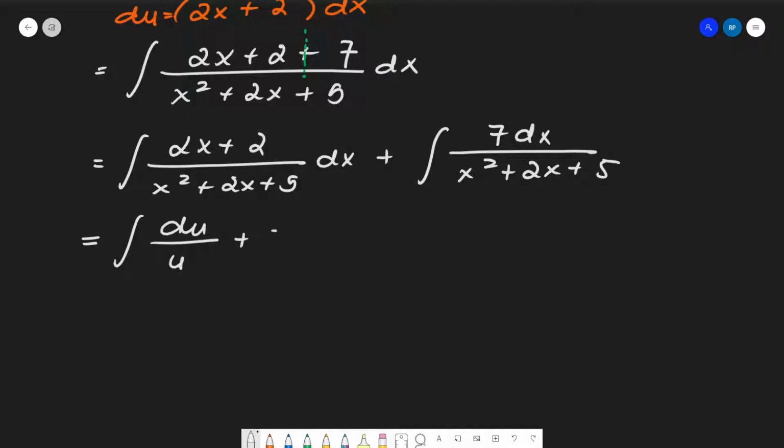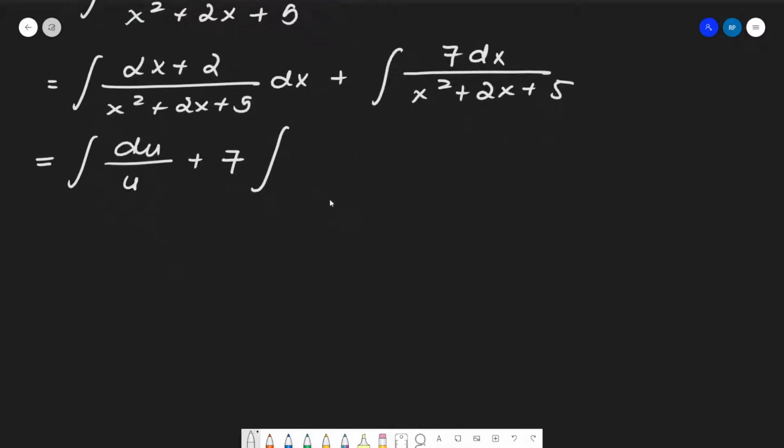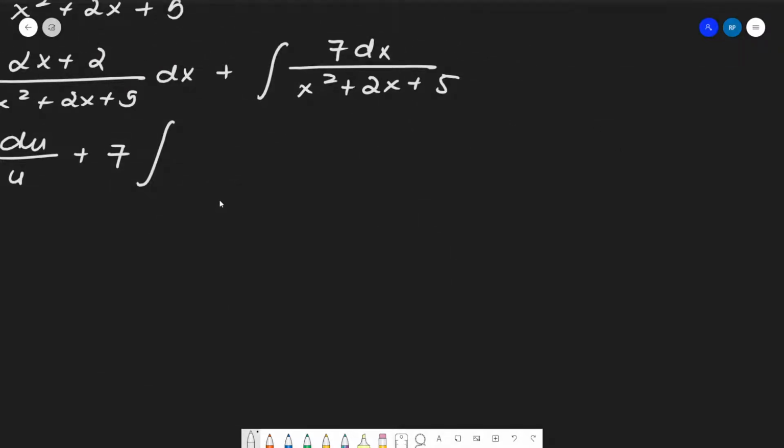Now, for the second term, plus 7, we will use one of the additional standard formulas. First, let us complete the square of the quadratic expression in the denominator. We have x squared plus 2x plus 5.